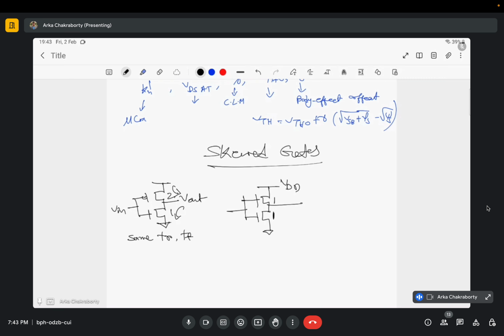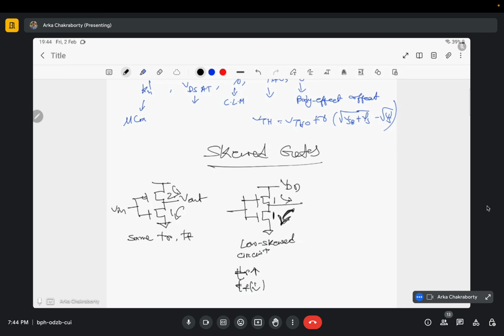So my discharging current is much higher than my charging current, and the fall time would be much lower than my rise time. This is called a low skewed circuit. Here my rise time is increased but my fall time is reduced.